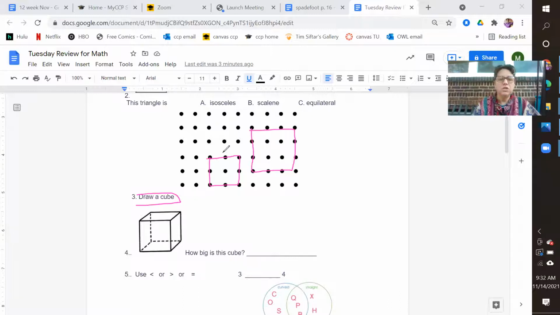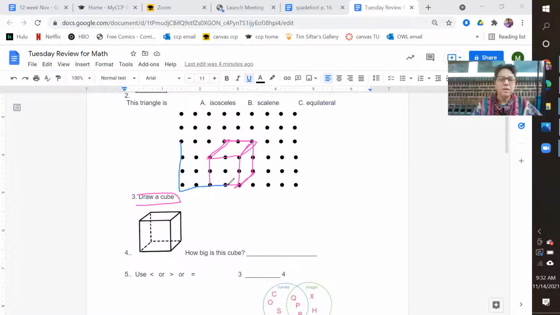But am I finished? No. So let me do a small one. Just go from here to here. Go through the diagonals. And this one has to go diagonal also. And then we attach the sides. So that's a small cube.